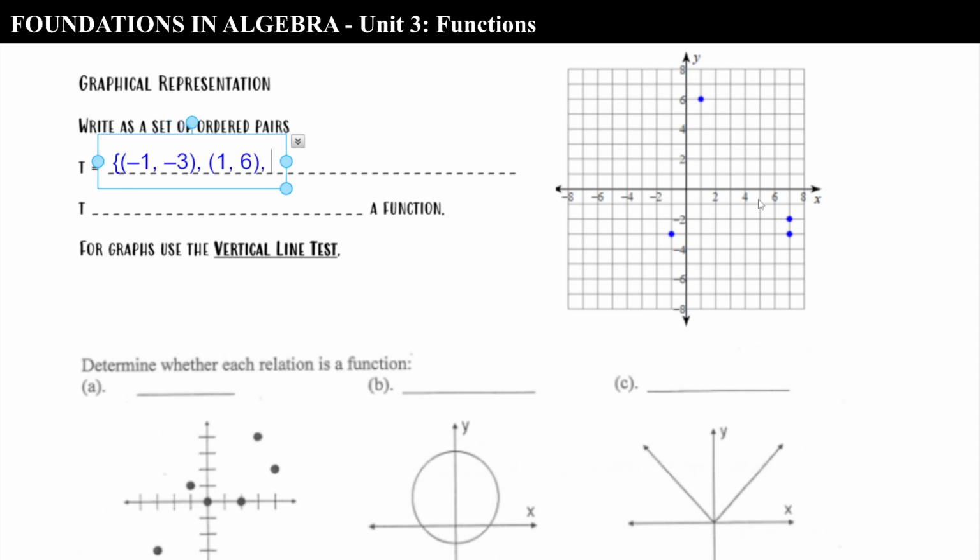And then our next point after that is 5, -2. And then finally, our point after that is 5, -3. So, do we have any x values that repeat? Well, we do. There's two 5s, so therefore, t is not a function.